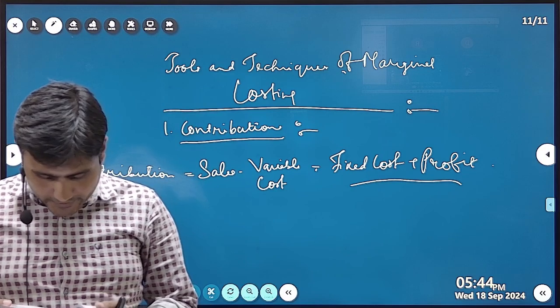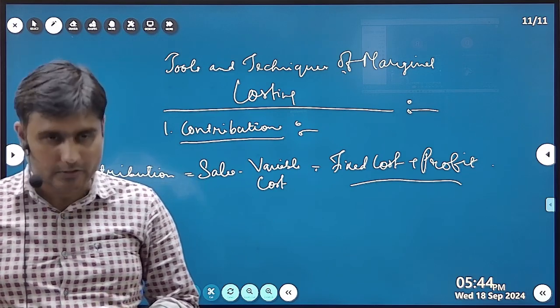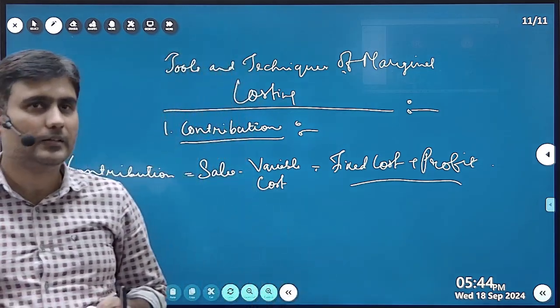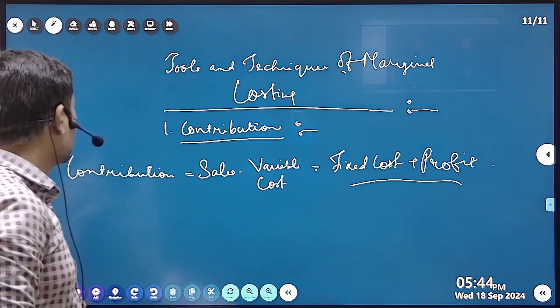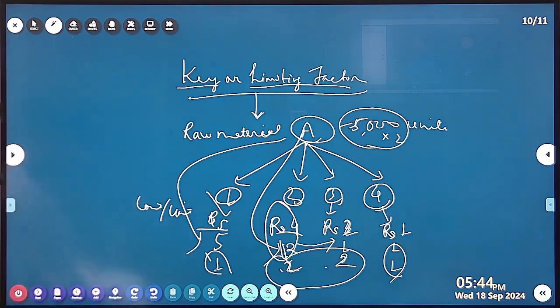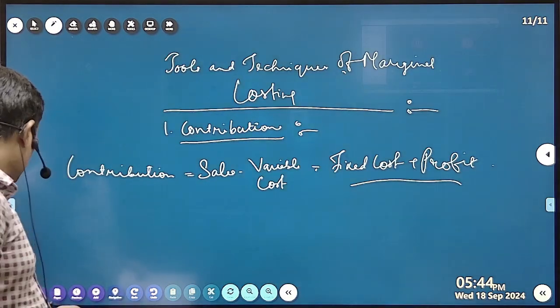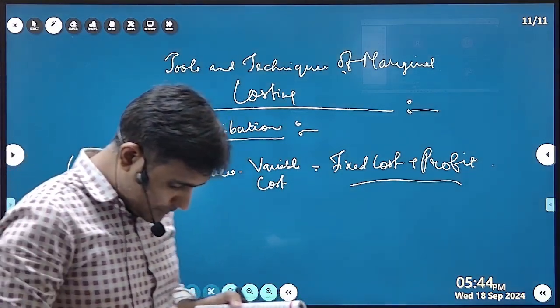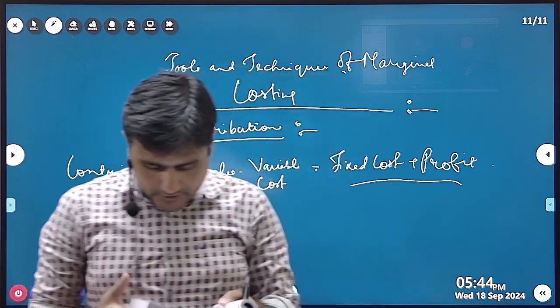Measure of profitability when there is a limiting factor or key factor. Now what we had discussed right before this, the limiting factor. So now the book is trying to explain. In the above example, we find that the product having more contribution is more profitable.